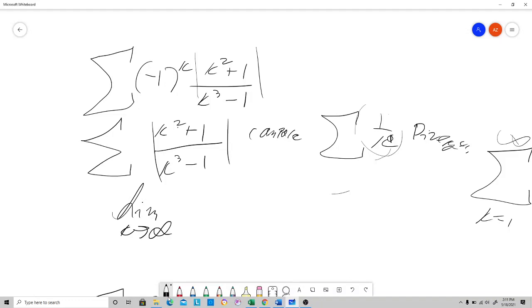Because I have it in the denominator over the original series, I'm going to take the reciprocal, so I'm just going to do it right away. So it's going to be k cubed plus k over k to the third minus 1. We take the limit, and we can see that this will just be 1, because they both have the same exponent.